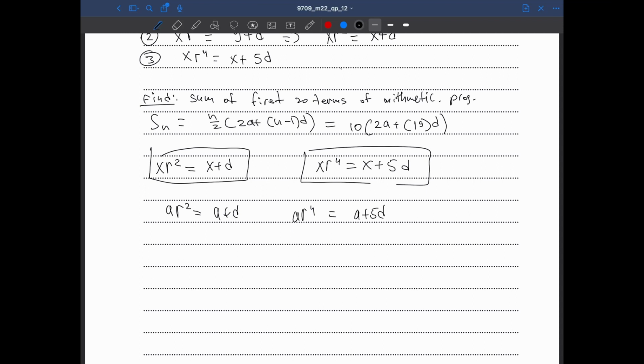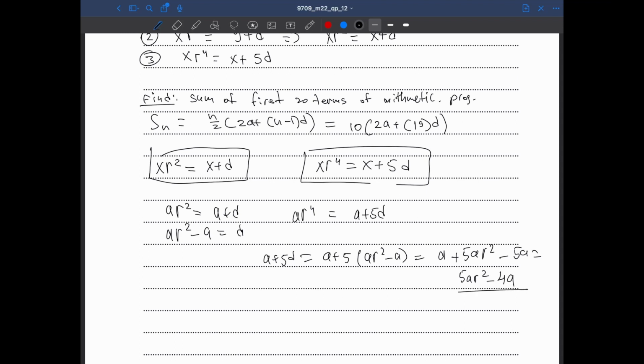So ar squared minus a equals d. All right, and now we have this. Now we can substitute that. So a plus 5d is basically going to be a plus 5 times ar squared minus a, which is a plus 5ar squared minus 5a, which is 5ar squared minus 4a.